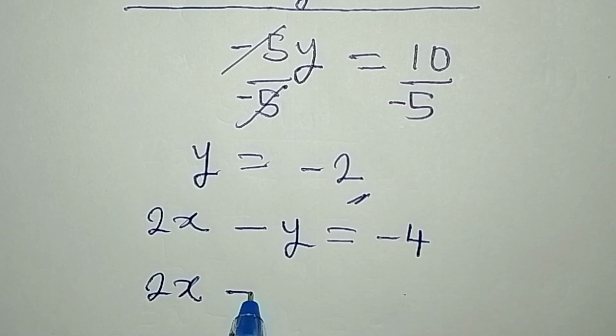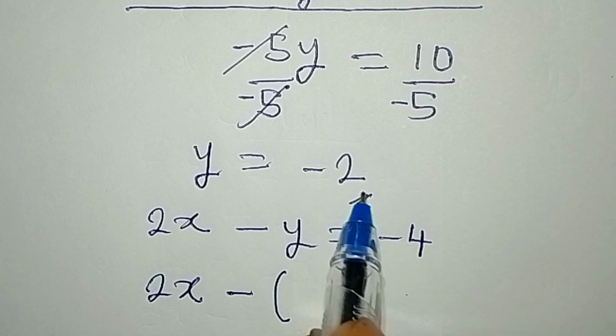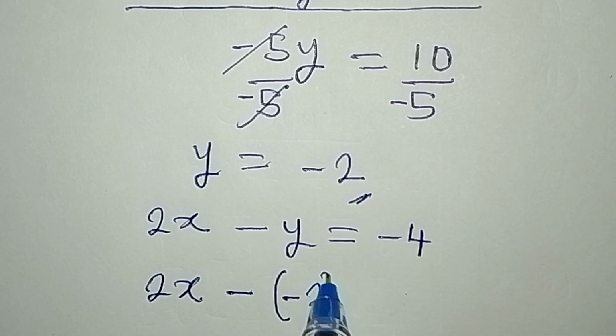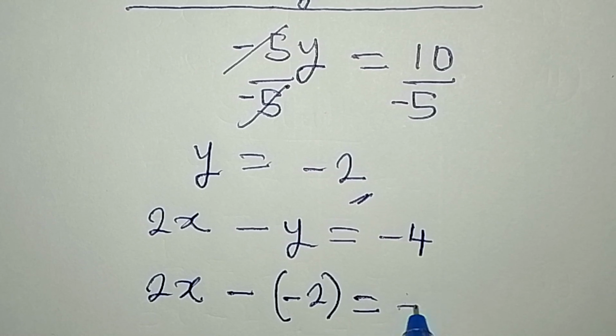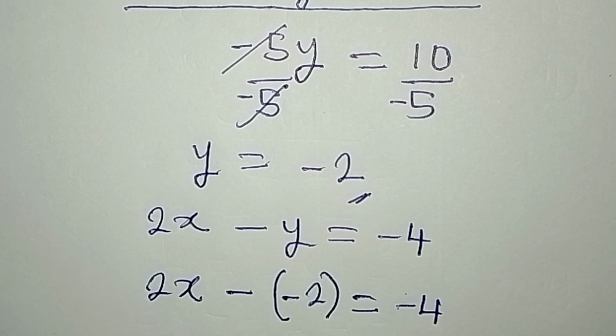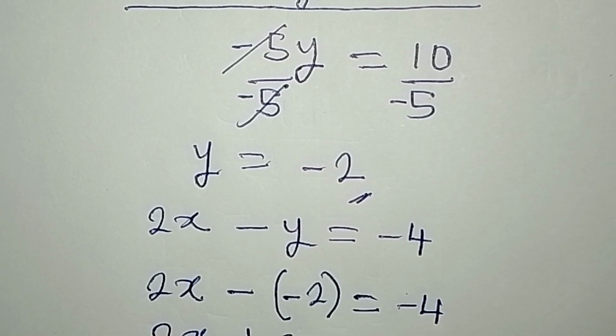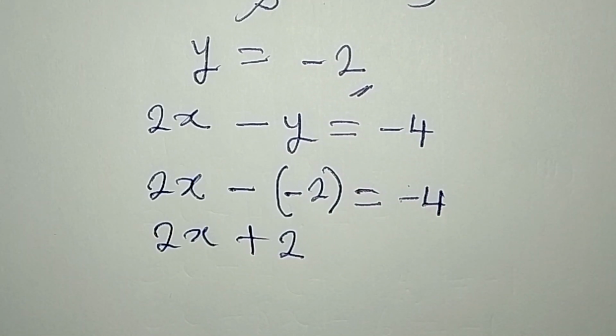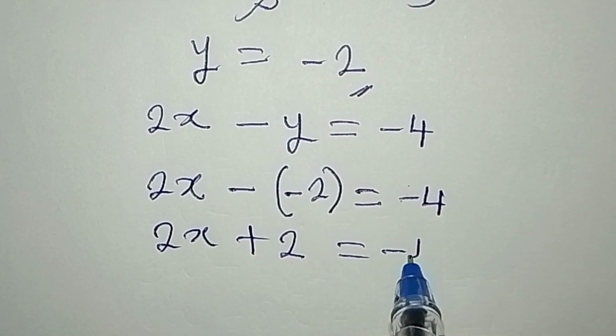This negative will come down. y itself is now minus 2, so I'll write minus 2 in the bracket. This is equal to minus 4. Now open this bracket and get 2x plus 2, and this is equal to minus 4.